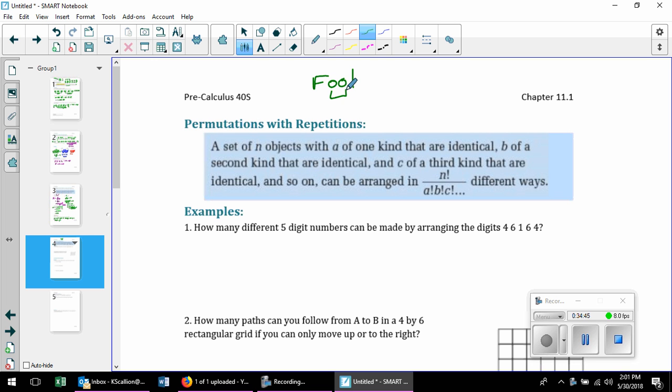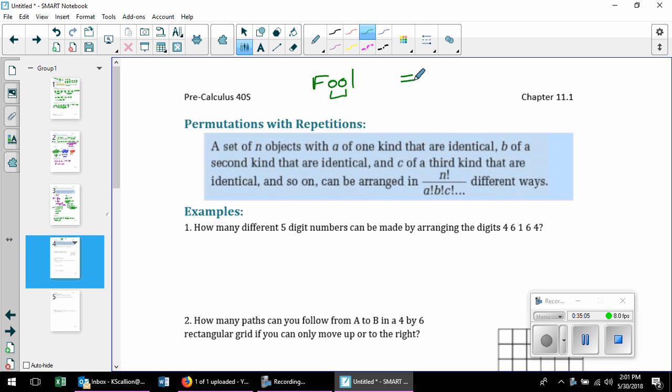Okay, so if I wanted to know how many ways I could arrange the letters in pool, not to make words, but to make letter arrangements, what would I do? Normally, what would this be for an answer?